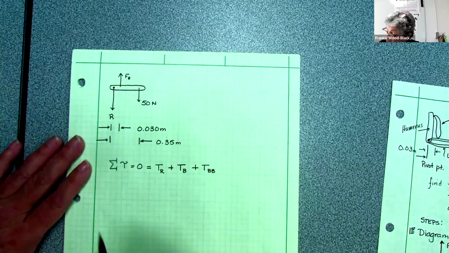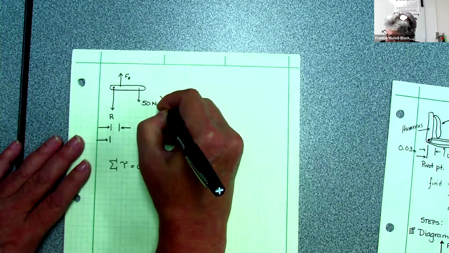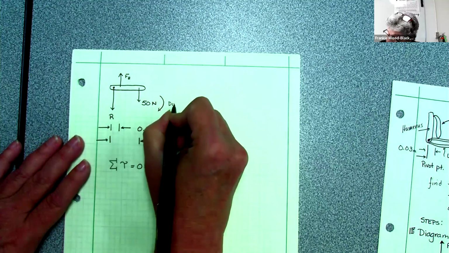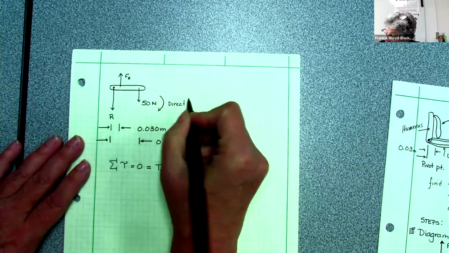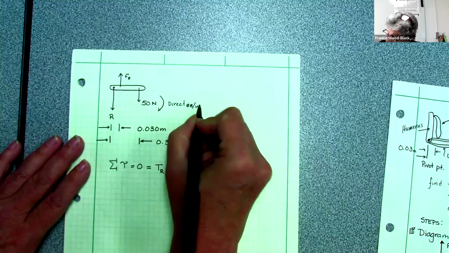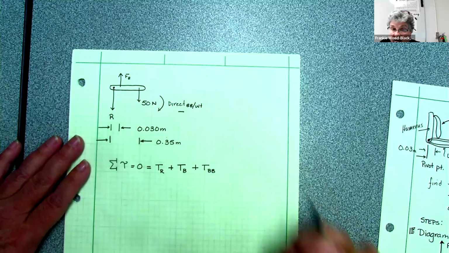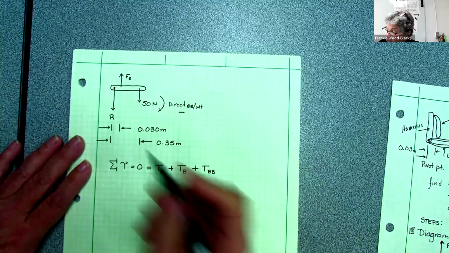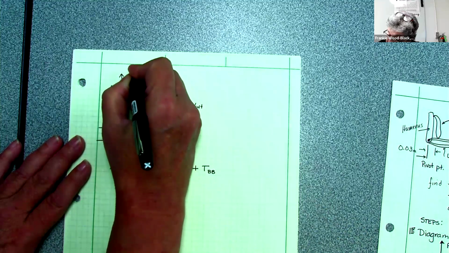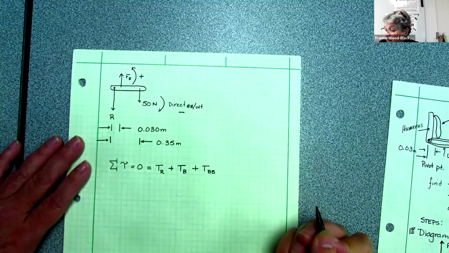Now let's look at this. The bowling ball, our weight, is going to cause a rotation in that direction, and that's going to be a negative rotation. This force would cause the ulna to rotate that direction, and that's a positive one.